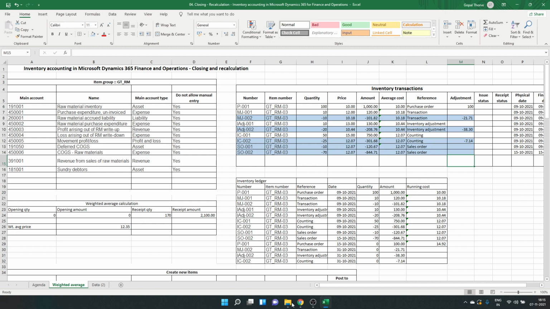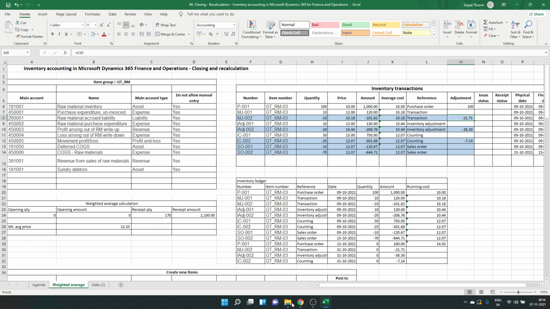Now we have adjusted all our three issue transactions. One is the movement journal, the inventory adjustment journal, and the third one was the inventory counting journal. Now we are left with two sales order transactions. So far you have seen that all the adjustments are happening in negative only, but this can be vice versa also.